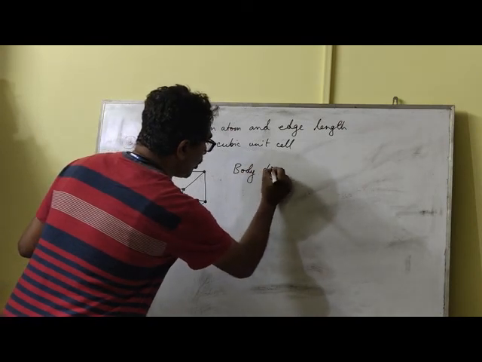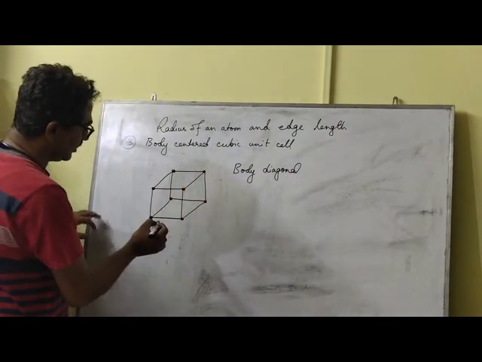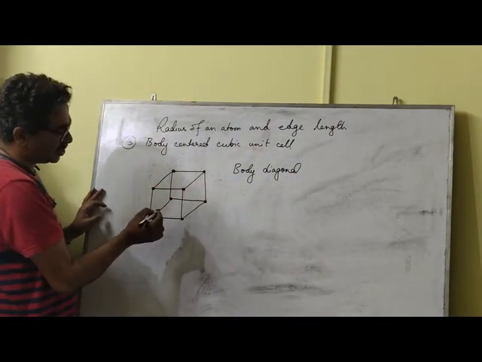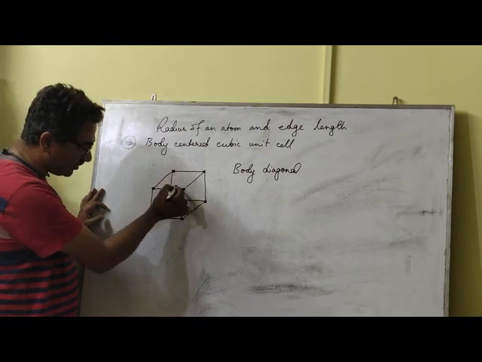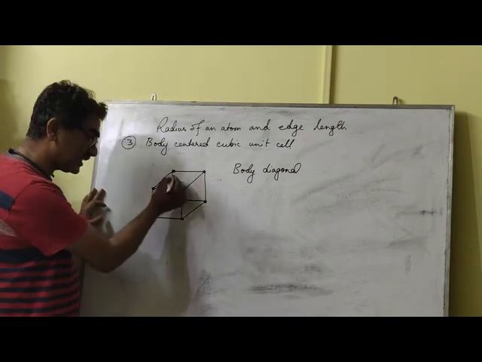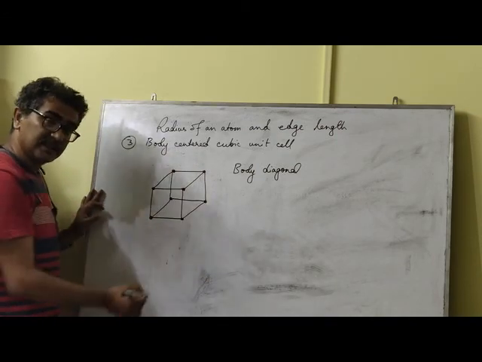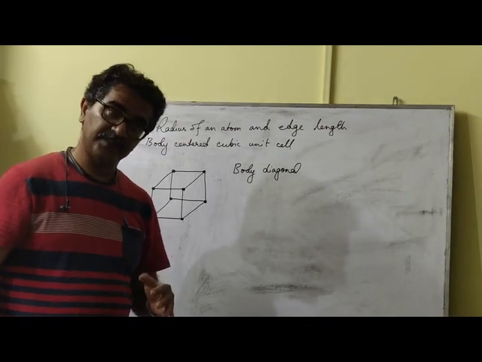Now what do I mean by body diagonal of a cube? Body diagonal means, if you draw a line that joins this particular point with the point which is opposite to it but at the lower end, that particular imaginary line may be considered to be the body diagonal.